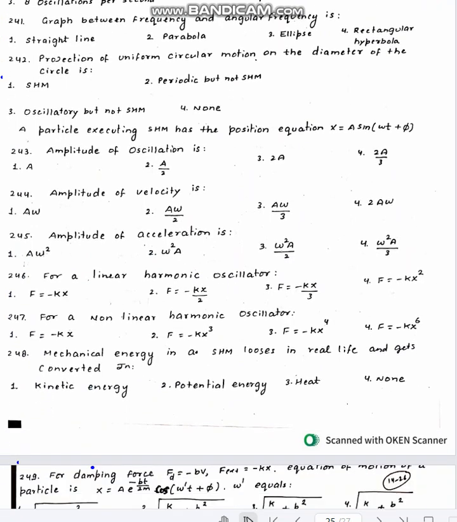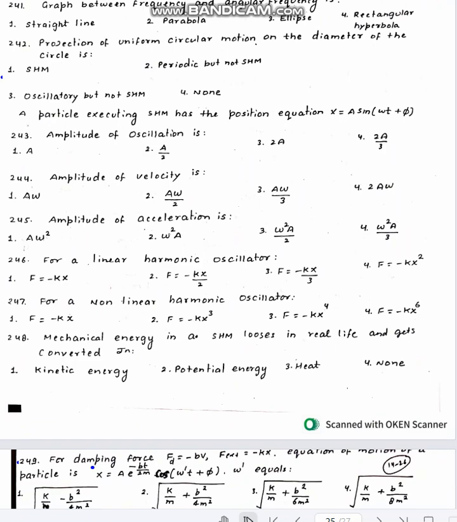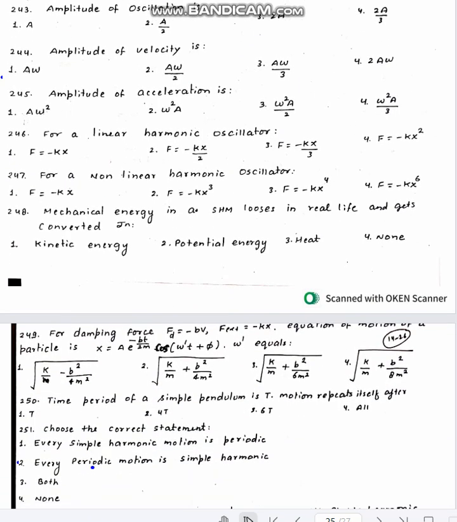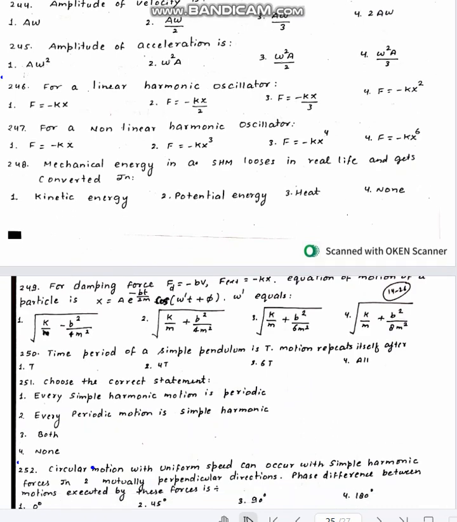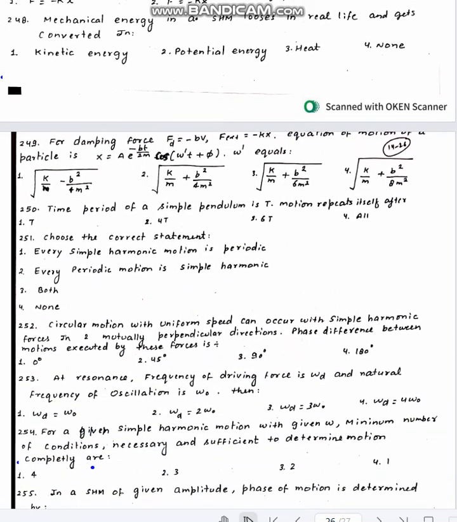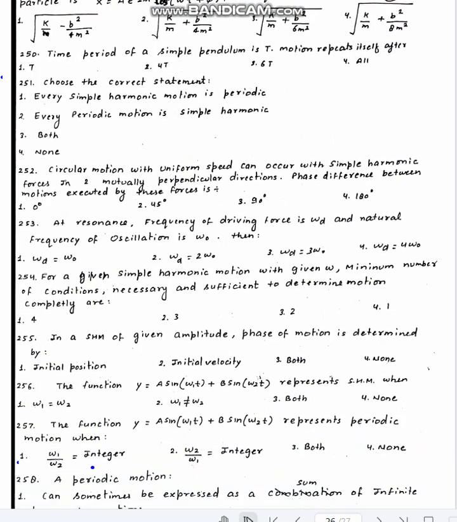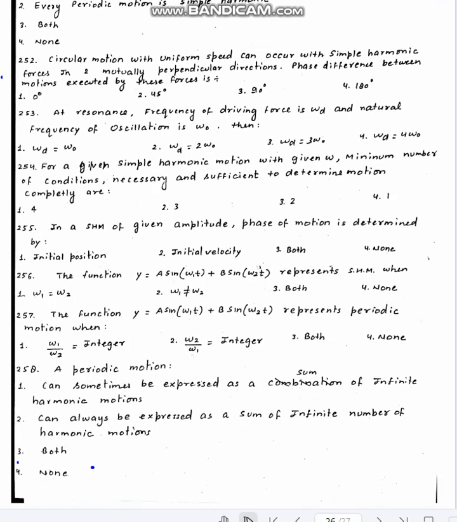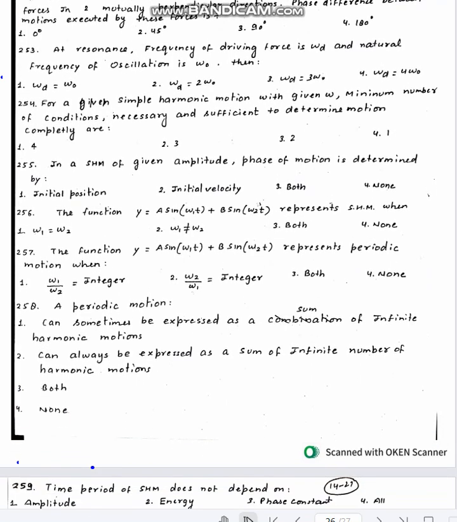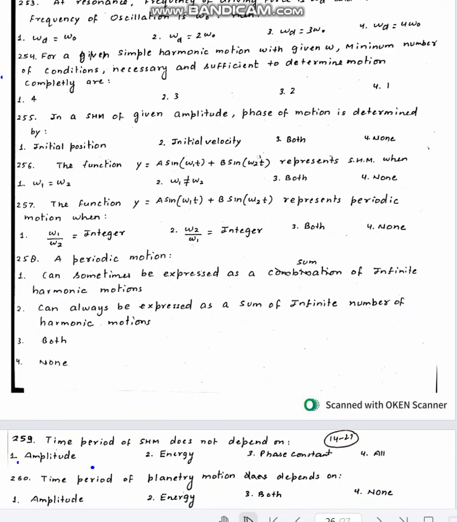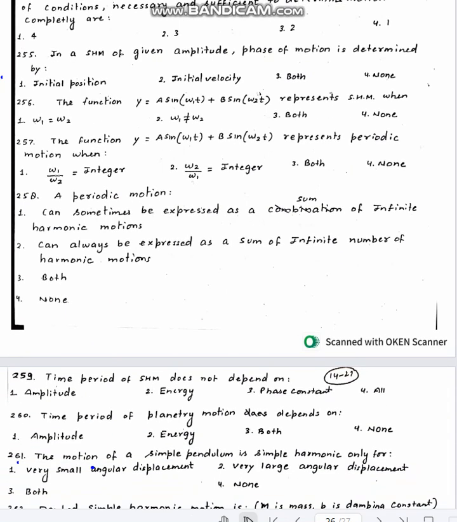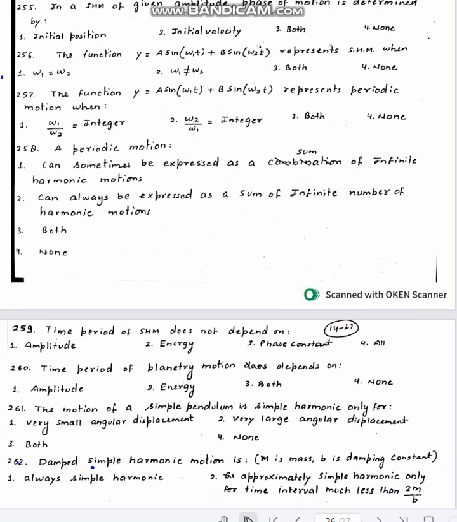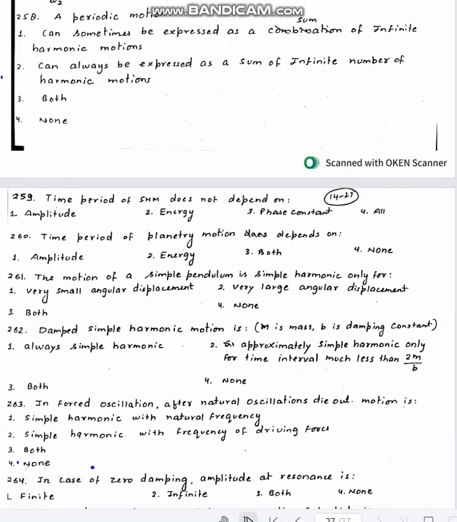Then a question based on SHM, we need to find amplitude of oscillation, velocity, acceleration, linear harmonic oscillation, non-linear, mechanical energy in real life, damping forces, angular frequency, time period repeats itself, circular motion with uniform speed, conditions at resonance, minimum number of conditions to determine motion, sum of SHM of given amplitude, phase is determined by, and we have a question based on superposition of SHMs.